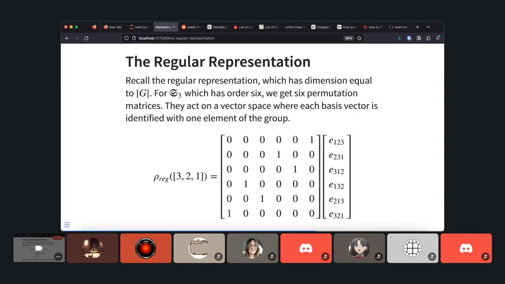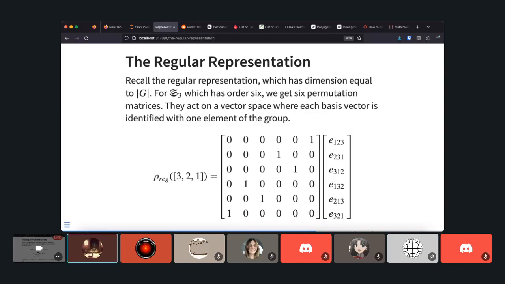To do this, you do need to pick an order to have your group elements in. But once you do that, it's all ones along the diagonal for the identity element, and then every other element is how that element permutes the order.